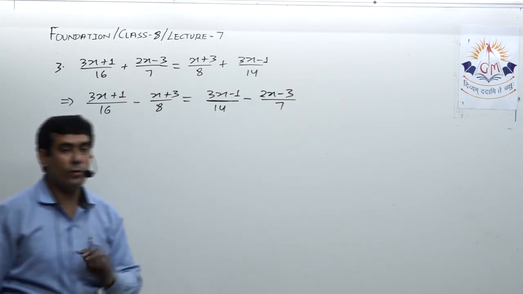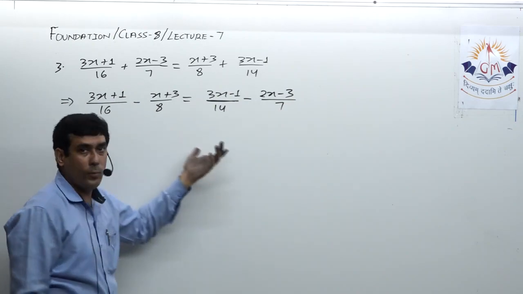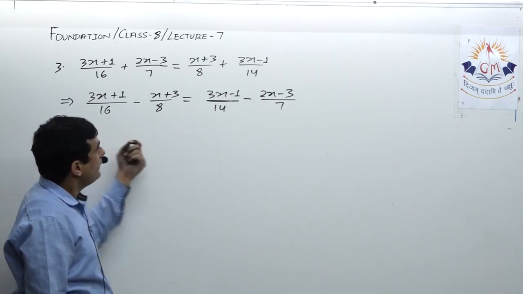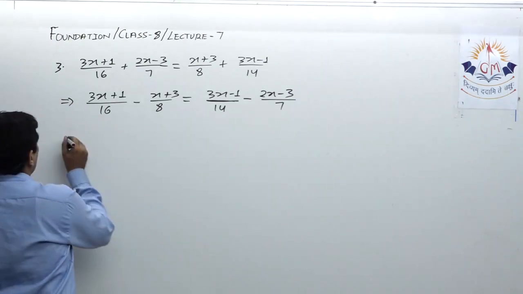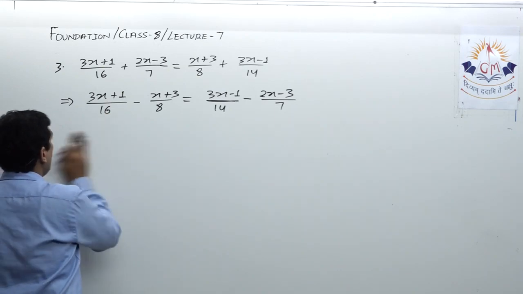This is just an observation. Quite possible that I also miss this type of observation, but if you observe the question carefully, you can save the time required for the calculation. So now over here it is very easy to take the LCM.